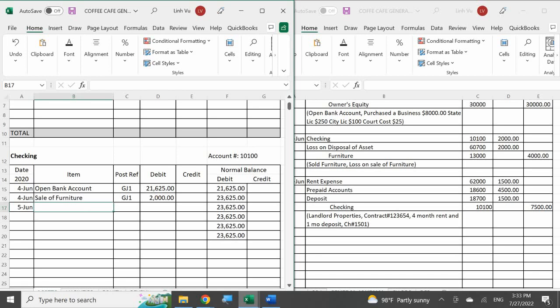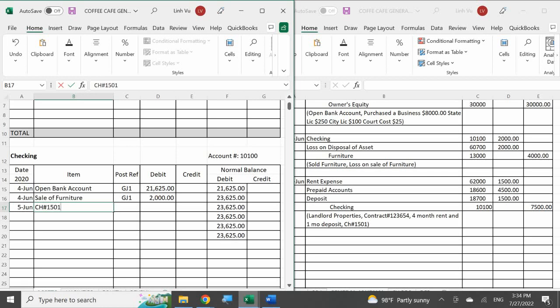I would personally put that I paid June's rent, 3 months in advance, and a deposit. That's a lot of information for that one transaction, right? What you can also do here is simply put the check number, because that should give you all the information you need.